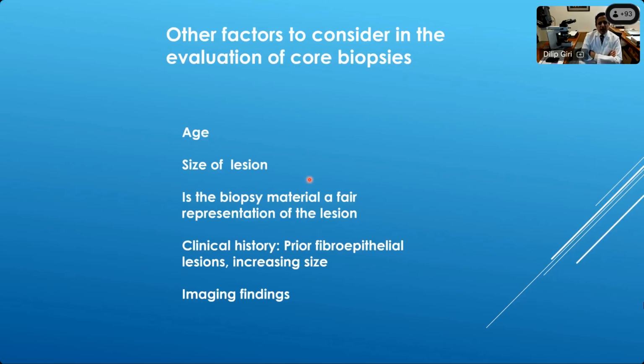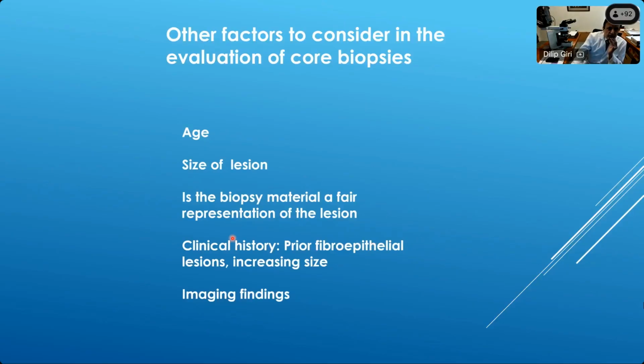And if it looks benign, it's probably a fibroadenoma. On the other hand, if on imaging it says 5 centimeter lesion and you have like a half or a 5 millimeter worth of tissue, then that may not be representative of the entire thing. And you don't want a fibroadenoma 5 centimeters in size to lurk in anyone's breast. You want that thing to be out. So size is important.